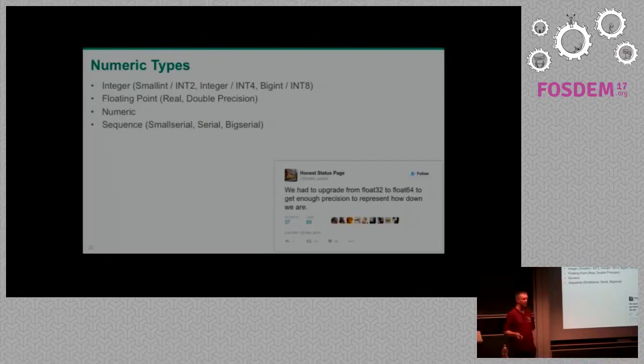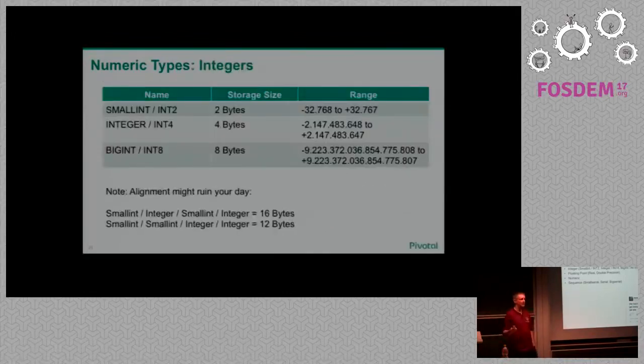Most likely you want to have an integer, not a numeric type. On the other hand, I've seen customers storing any kind of money data in a floating point, which is kind of funny if you run it in auditing later on, because floating point, it's always rounded up or down. It's never exact.